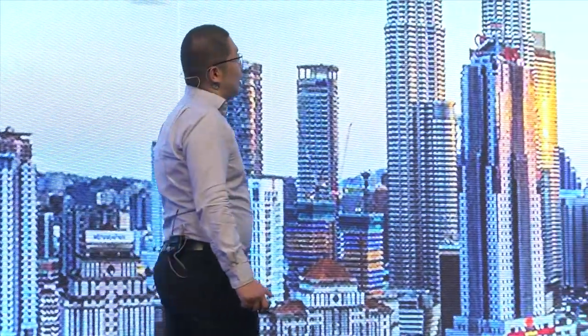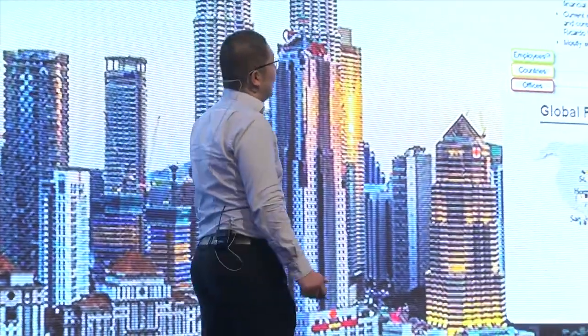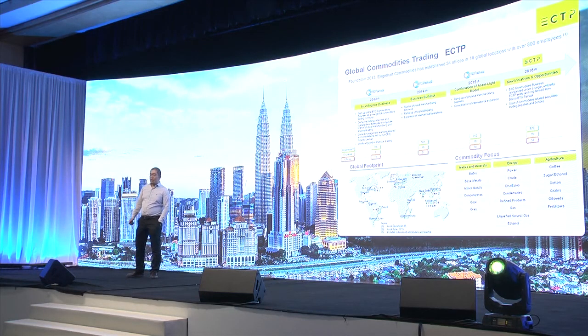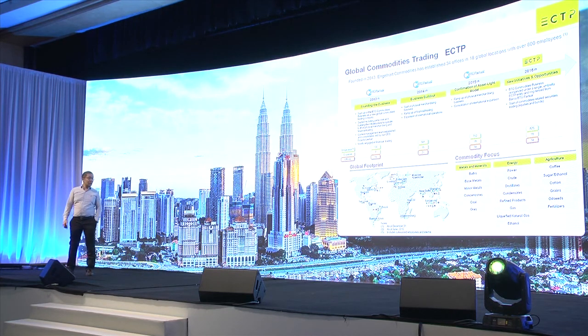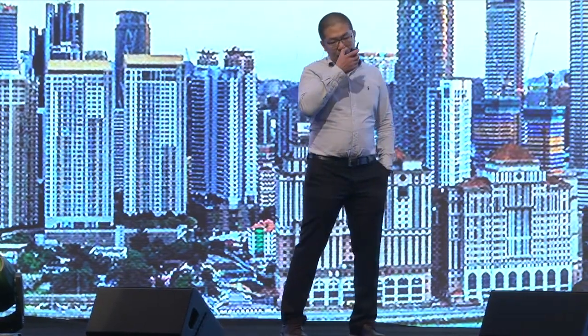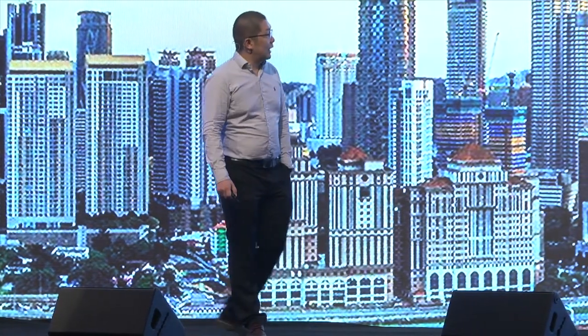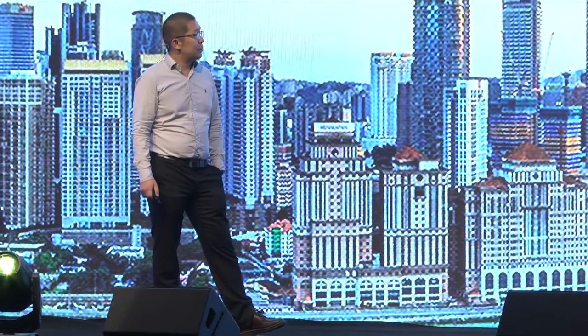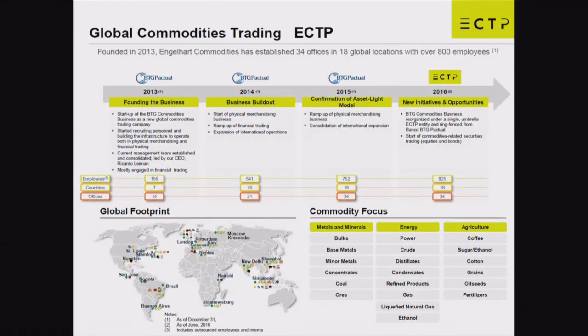This year, 2016, we changed our name to ECTP, our current name, basically due to a shareholder change. Currently, we have 18 global locations and 34 offices, with over 800 employees. The products we trade cover most of the bulk commodities: metals, minerals, energy, as well as agricultural products.